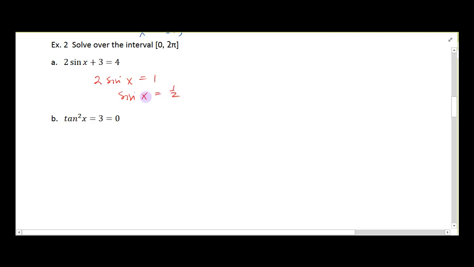So what quadrant am I looking at for possible solutions here? Well, sine is positive in quadrants 1 and 2, so when I take the sine of pi over 6, I get a positive 1/2. And over in quadrant 2, that would be at 5 pi over 6. So there's the solution. Just this time, I am on the interval between 0 and 2 pi. So pay attention to how you're supposed to give the solutions when you're working these.